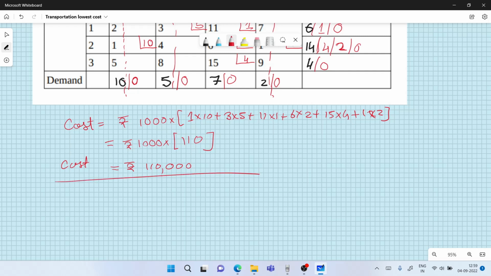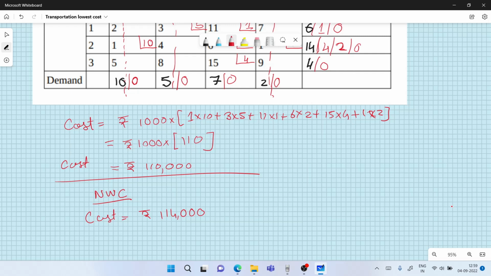Now, interestingly, if you see that with the northwest corner method, the cost comes to rupees 114,000. Now, this is lesser. Okay. The cost that we have calculated now is lesser than the northwest corner method. And this should be.